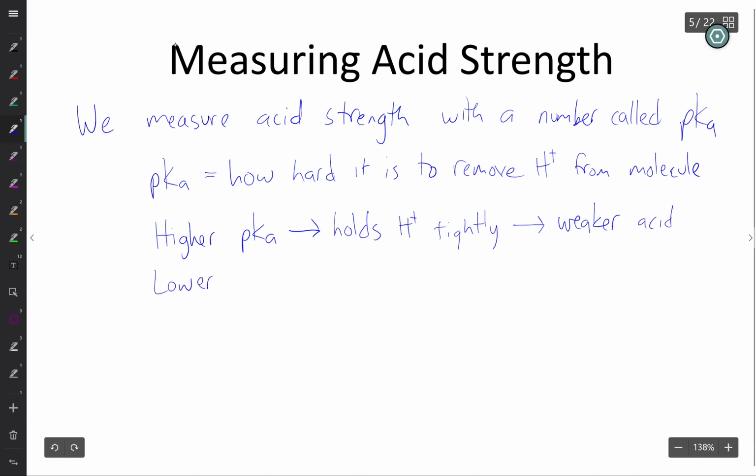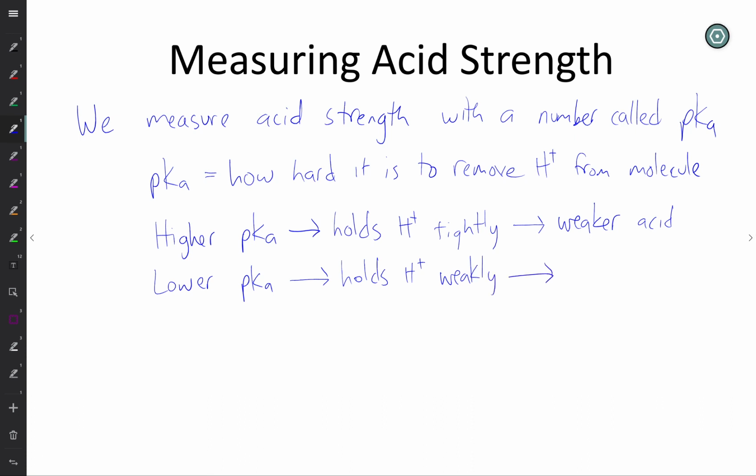And a lower pKa, that means it holds H plus weakly. And if it holds H plus weakly, that means it's very willing to give away H plus, which makes it a stronger acid.